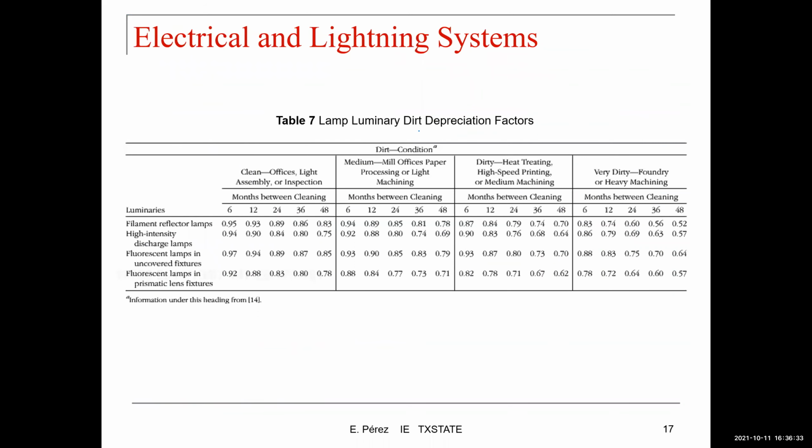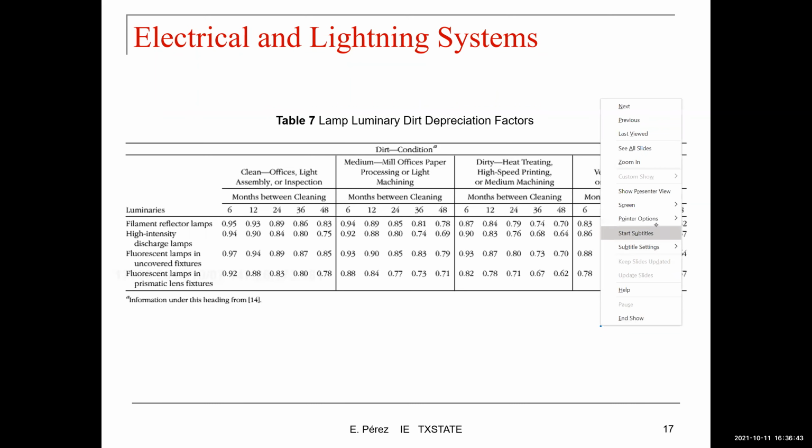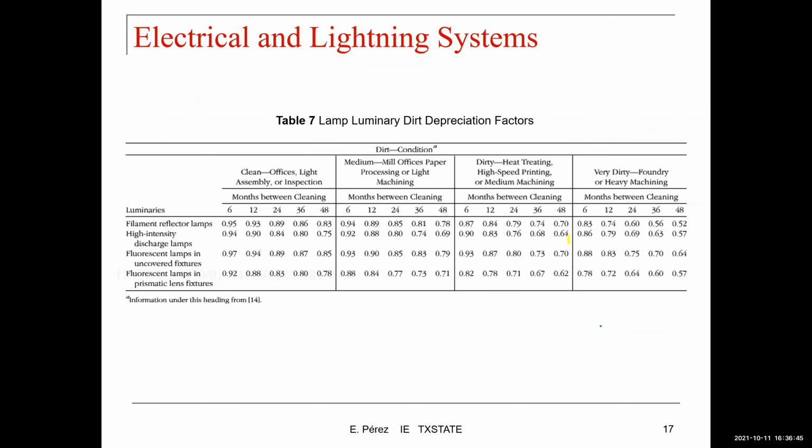So if I go to table 7, I'm referring to this table. And from here, I'm looking at this medium processing and machining for cleaning every 24 months for fluorescent lamps with uncovered fixtures. So that value is going to be 0.85.